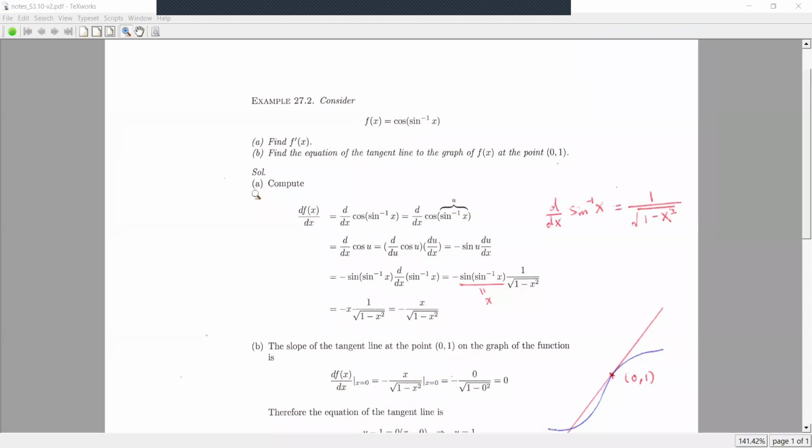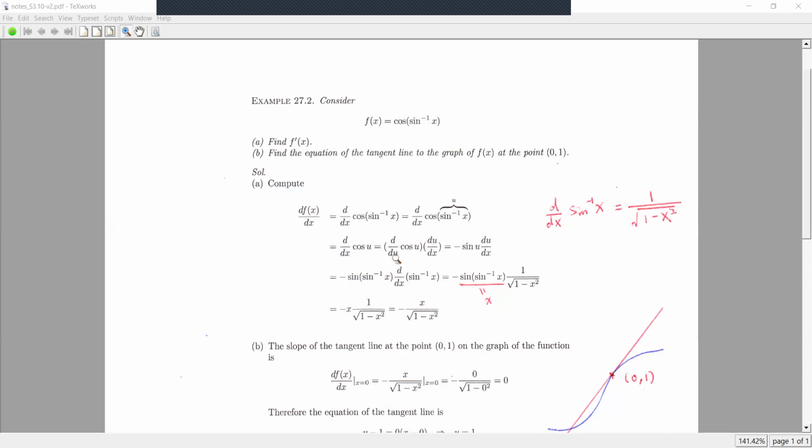Solution to part A. To find the derivative of this function, I need the chain rule. Take derivative on the function, then simplify the function. Let u be inverse sine of x. Then the function becomes cosine of u. To find this derivative, the derivative of cosine of u with respect to x, I need the chain rule.